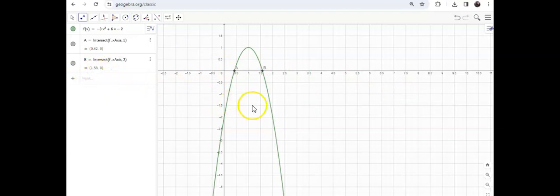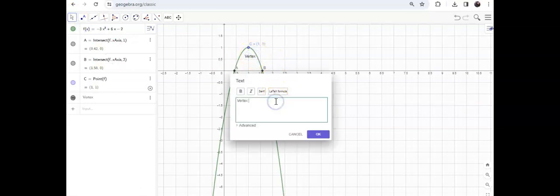So 1.58 is a root of the quadratic function. Okay, and then 0.42 is also a root of that quadratic function. Alright, so again, when x is 0.42 and when x is 1.58, the y value is 0. And if x is equal to 0.42 and x is equal to 1.58, the graph will intersect the x-axis.